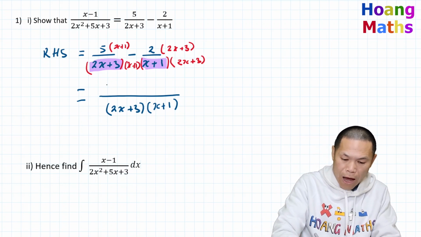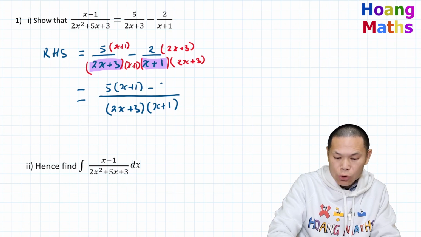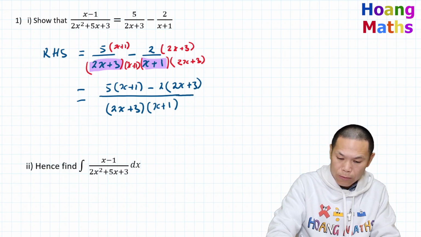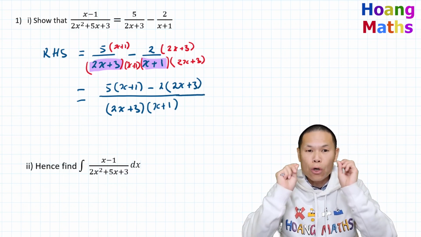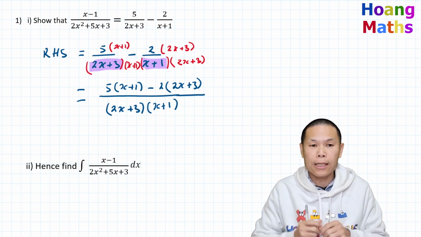So that is 5 times (x plus 1), we minus 2 times (2x plus 3). There you go. Now I expand the brackets and collect the like terms.